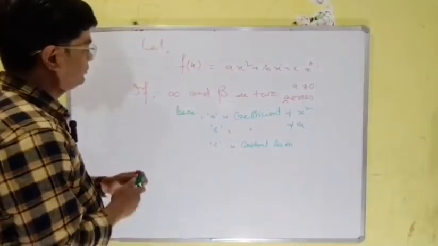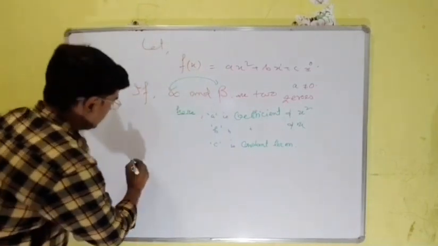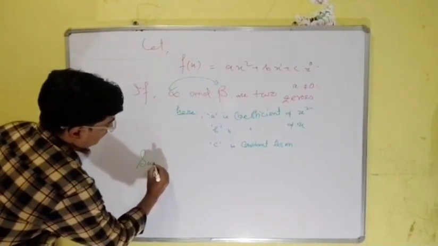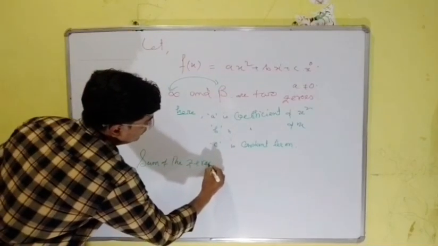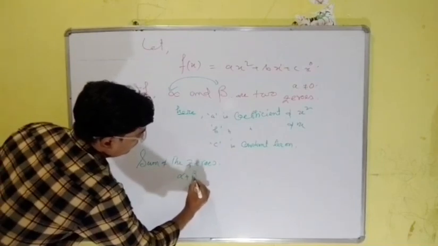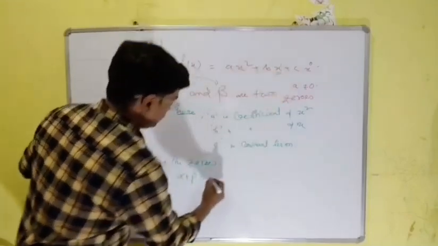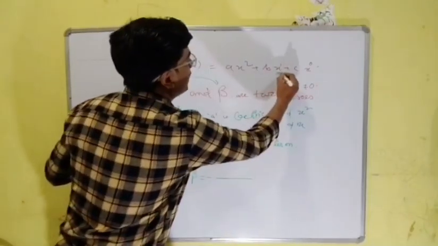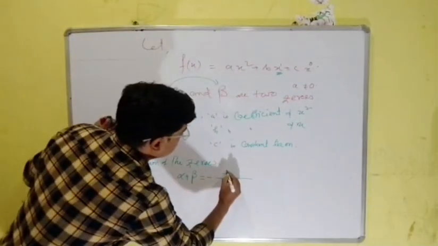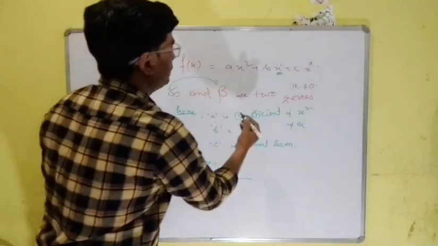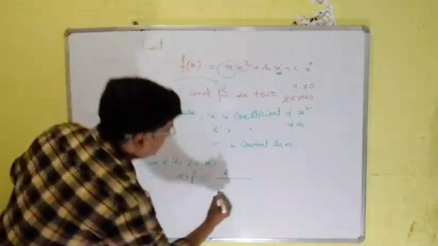Clear? Let's see. The sum of the zeros, alpha plus beta, is equal to minus the coefficient of x, which is b, divided by the coefficient of x square, which is a.